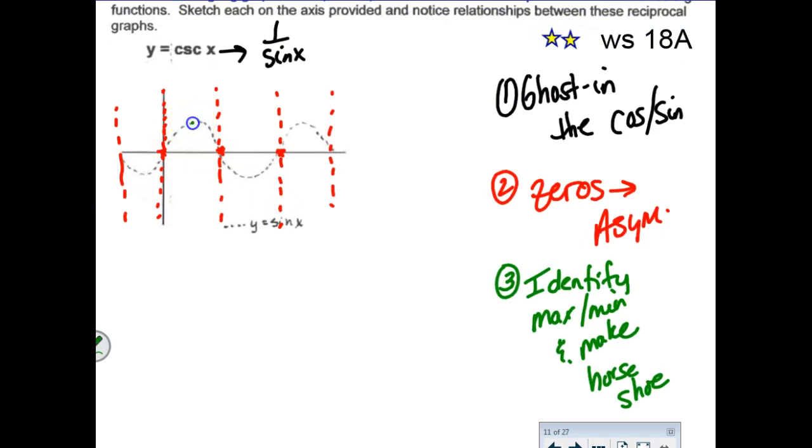So this guy right here, the maximum value at the top of this sine function, is going to become the bottom of this particular horseshoe. So just kind of stay within your boundary. Oh my. It just went and bragged about how good I am at graphing these, and look what I do. All right, there you go, horseshoe. This minimum, that's going to be the top of this horseshoe. So the extrema are going to match up.